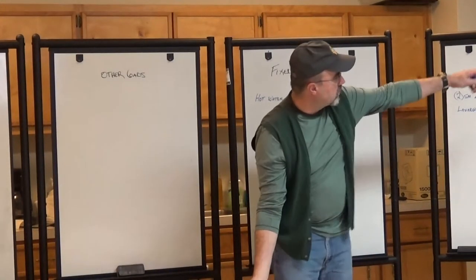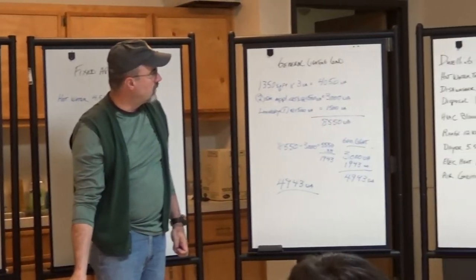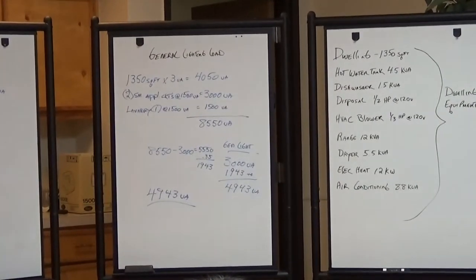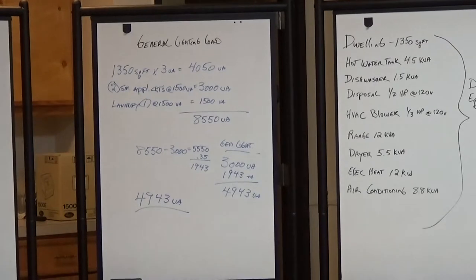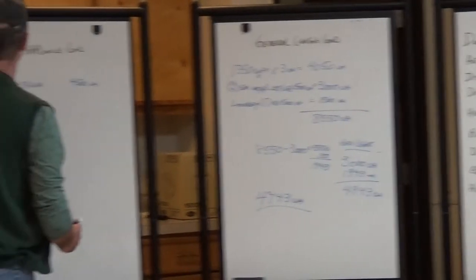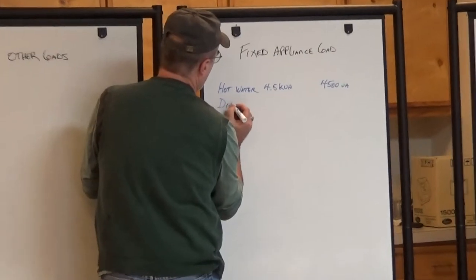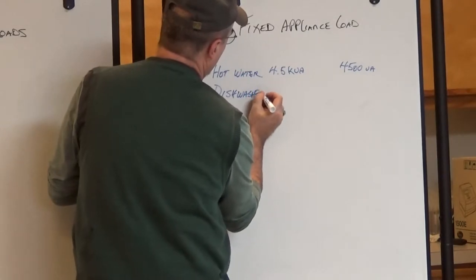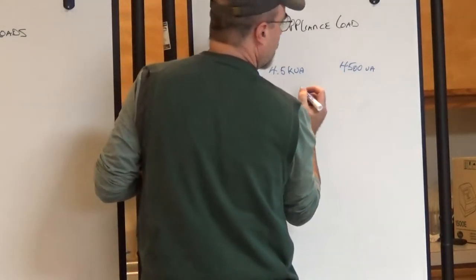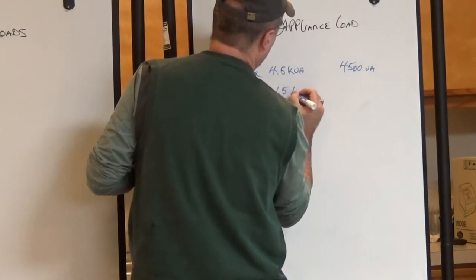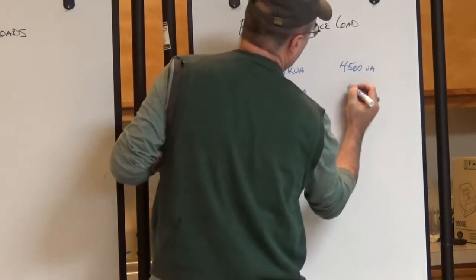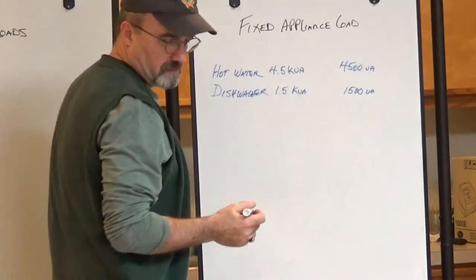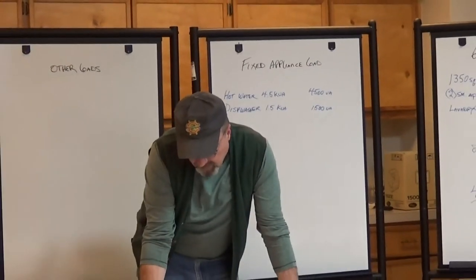And looking at our equipment over here, what else do we have that we can apply as the fixed appliance? Dishwasher? Okay. And the dishwasher is rated at 1.5? Yes, sir. Okay. All right. And what else we got?